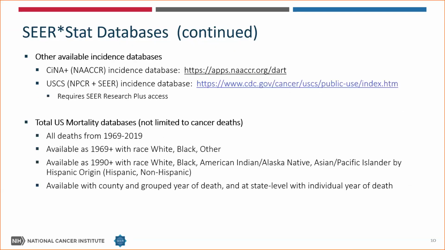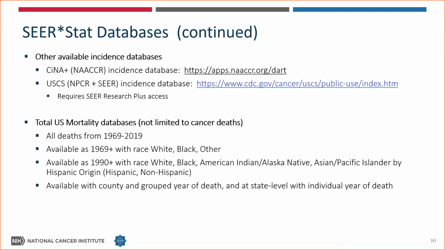Other databases that you can get through SEERStat without creating them yourself using SEER Prep are: you can get access to SEER Plus databases through NAACCR, and there's a public use version that's very easy to get, and there's Researcher, where they create a specialized database for researchers, and you can read about that on the NAACCR website.